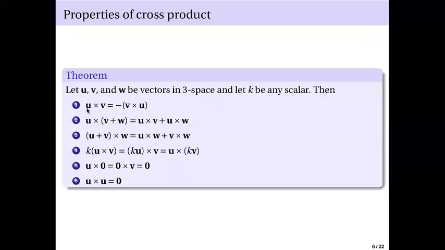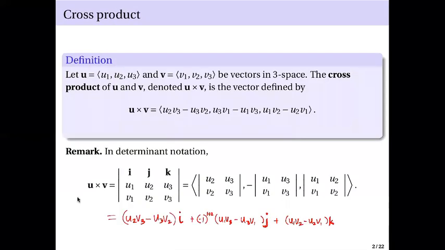Then you have the cross product U cross V. It's equal to the negative of V cross U. So if you interchange the factors U and V, you have to take out a negative. And this identity, you can easily see in the determinant form of the cross product.